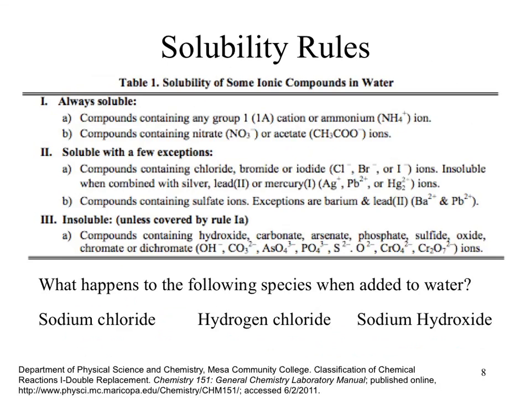So, just to be obnoxious, let's go back and look at our solubility rules. You guys all have those solubility rules memorized, right? Oh, yeah. Okay. I only have one solubility rule memorized. Anybody know which one? The very first one. And actually, that's a lie. It's actually the very first of the very first one. The only one I have memorized is 1A.